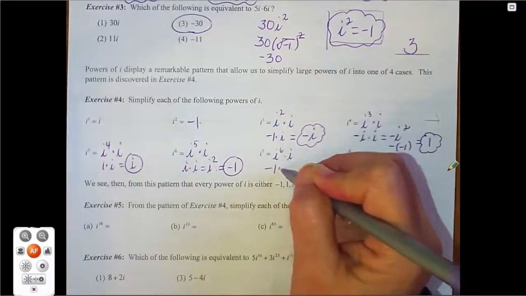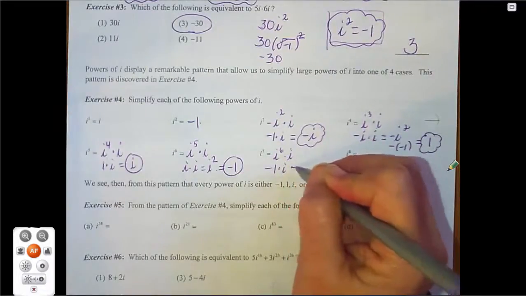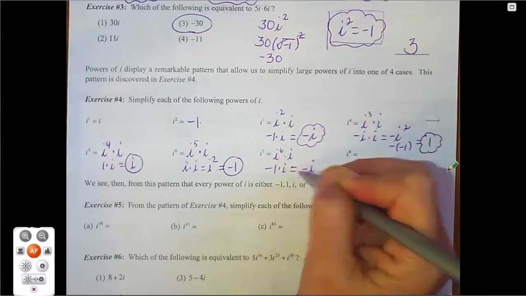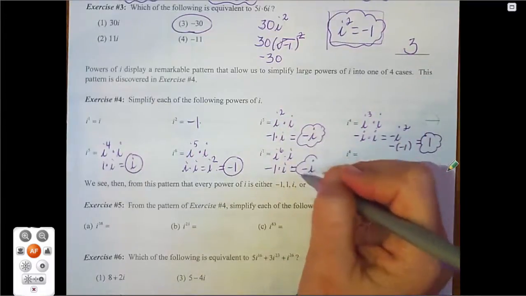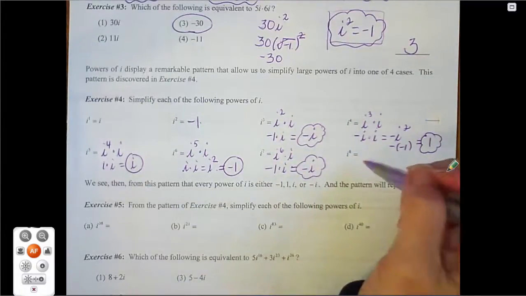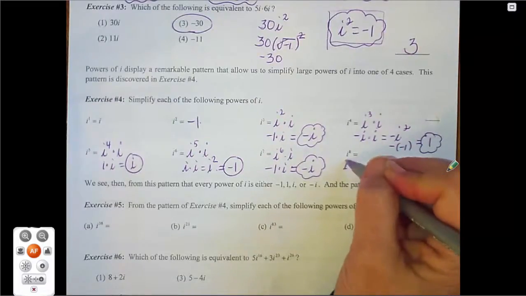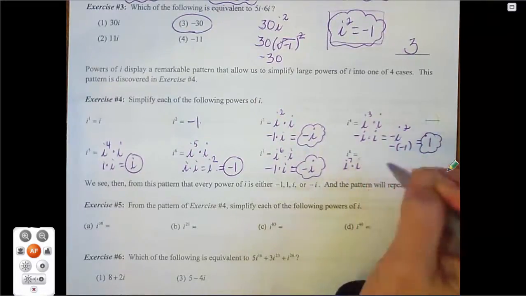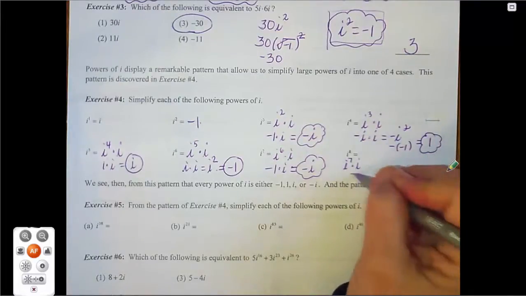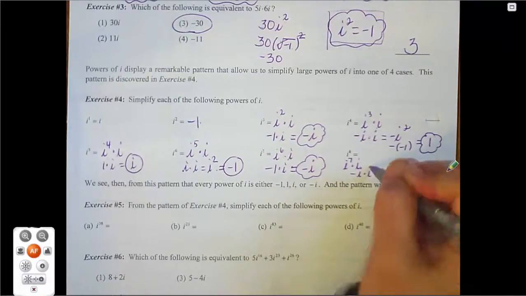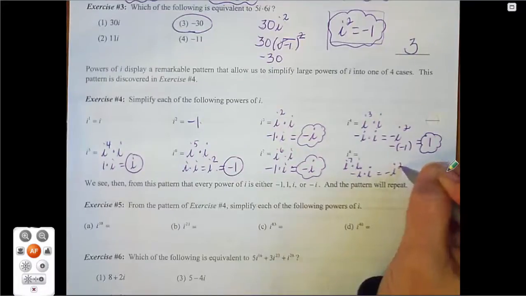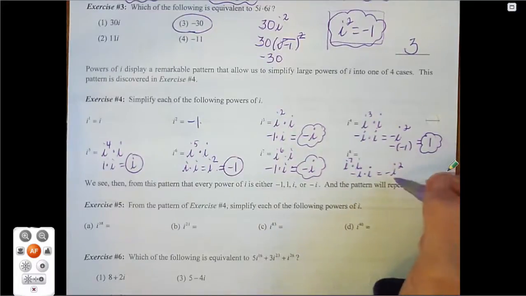So negative 1 times i is negative i, just like i to the third. And finally, for pattern discovery, i to the eighth we could think of as i to the seventh times i. Well, i to the seventh is negative i times i is negative i squared, but i squared is negative 1, so negative, negative 1 is positive 1.